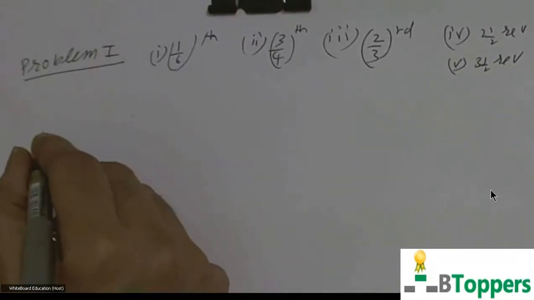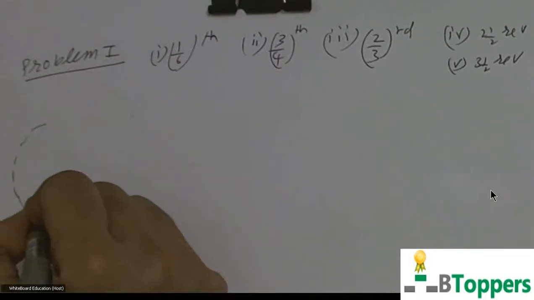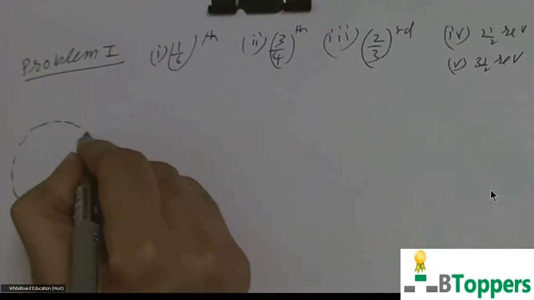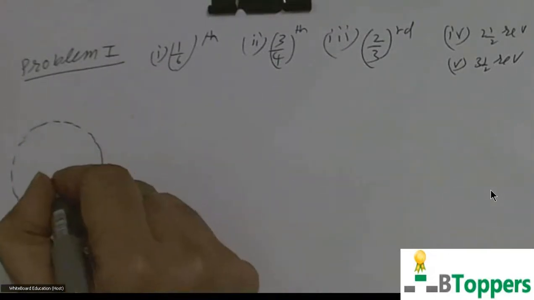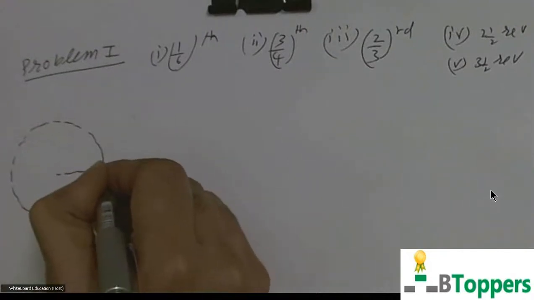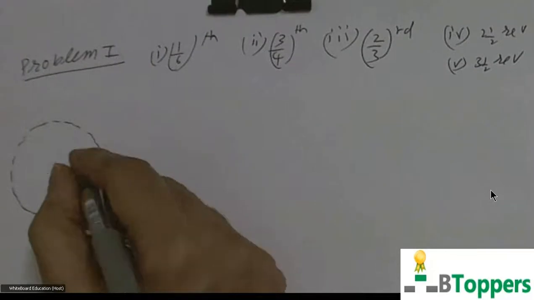So in this problem, your particle moves in a circular path with uniform speed. In this example, the speed of the particle is constant, but the velocity of the particle is not constant because the direction of the velocity changes.